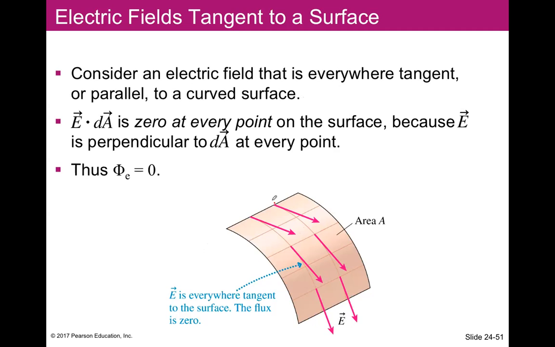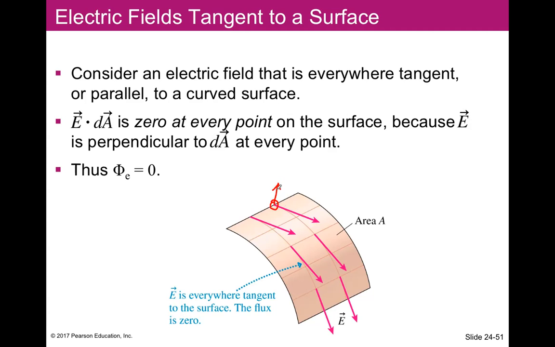For example, at this point, the direction of your surface is going up, perpendicular to the surface, but the electric field is parallel to your surface, which means perpendicular to the direction of your surface.